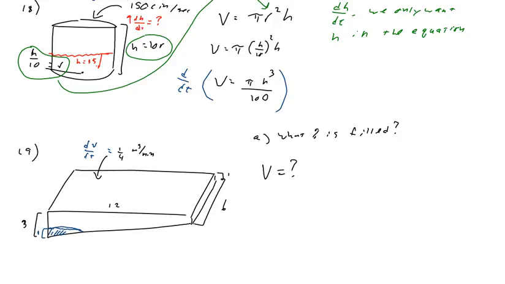Now let's think back to our geometry days. How can we figure out the geometry of this situation? What are the formulas for volume? Maybe you didn't get to that in your geometry class, but we've got to figure out volume.